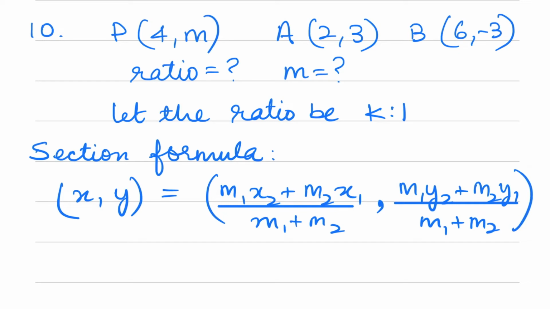So A would be x1, y1 and B coordinates would be x2, y2. So let's substitute now, and the coordinates for P are 4 and m.